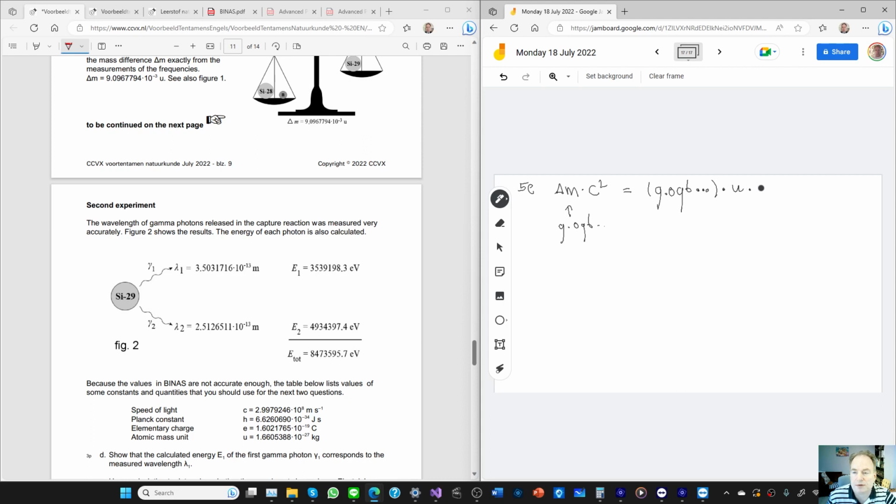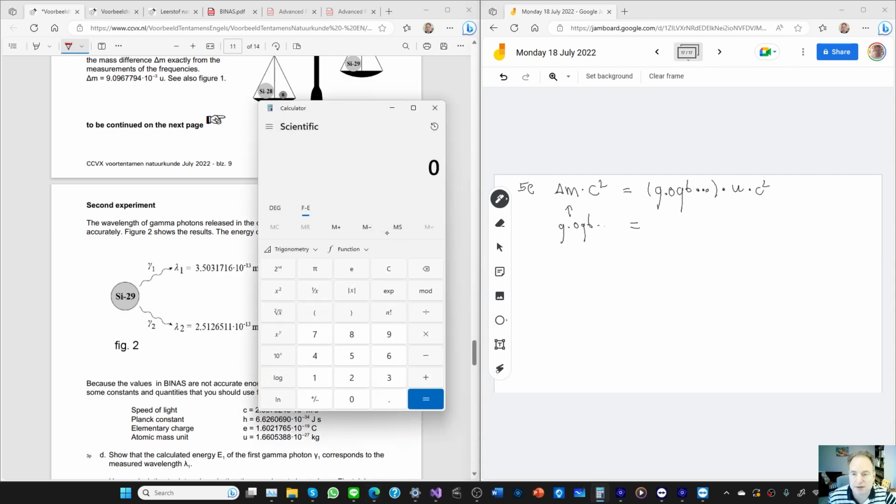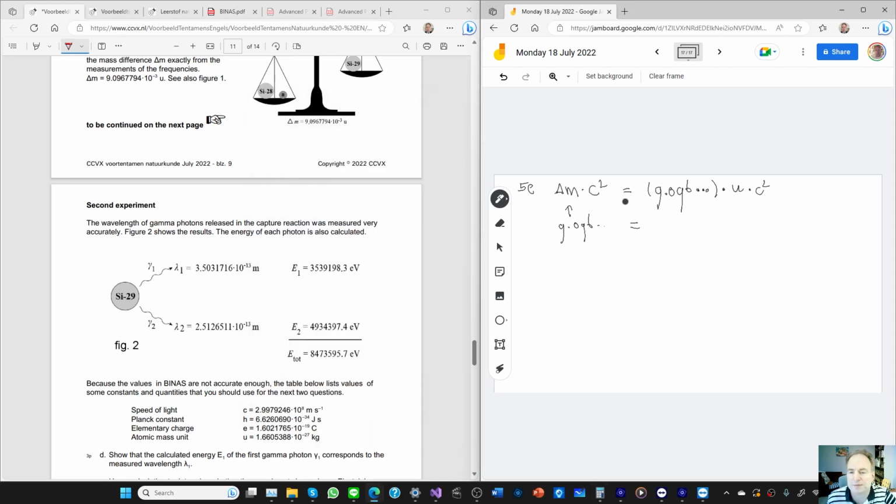Then times c squared. So this we can do with our calculator again. Oh, and we also want to do this in eV.